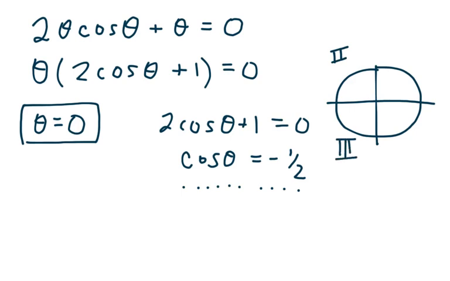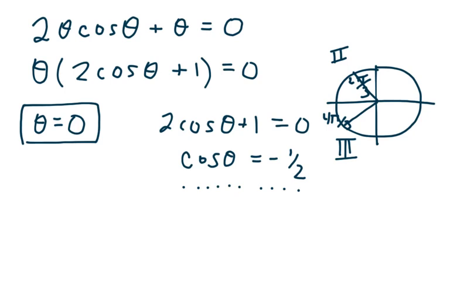So it's definitely going to be in one of those quadrants, maybe both. And cosine has a magnitude of 1/2 for pi-third angles. So if we look at 2 pi-thirds in quadrant 2 and 4 pi-thirds in quadrant 3, both of those give us a cosine value of negative 1/2.